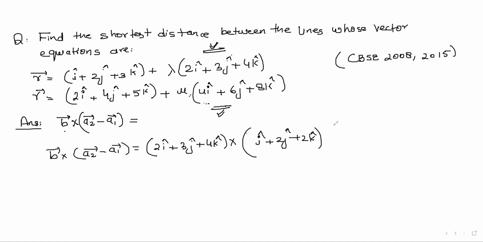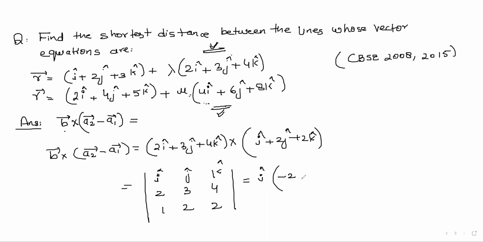Now find the cross product. So it is equal to the determinant with I cap, J cap, K cap; 2, 3, 4; 1, 2, 2. So it is equal to I cap times 6 minus 8, which is minus 2.